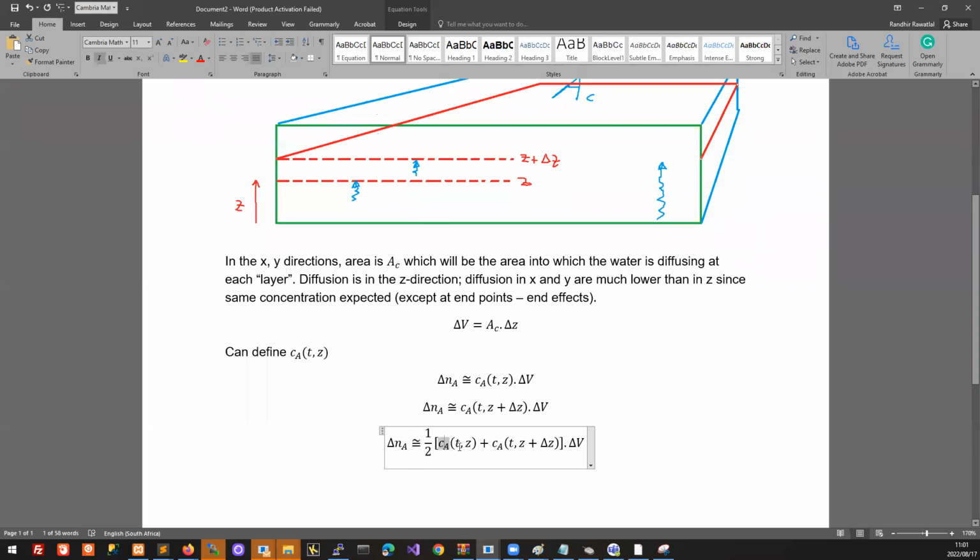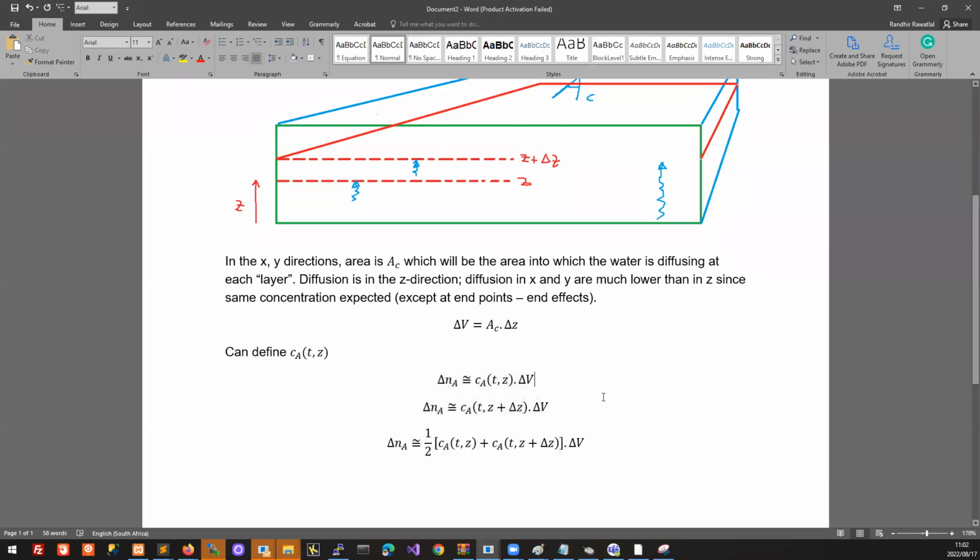Only if this is linear will this average give us the exact average concentration, but it's not guaranteed to be so. So this is a better approximation, but it's still an approximation. These are worse approximations.